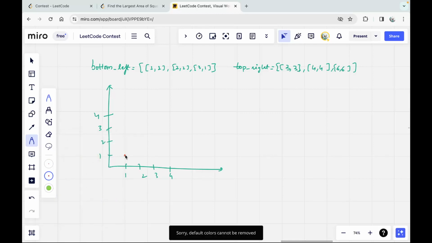So from 1 comma 1 to 3 comma 3, we have one rectangle. Draw it like this. Then the second one is from 2 comma 2 to 4 comma 4. 2 comma 2 is here, and 4 comma 4 is here. Okay, let's draw.